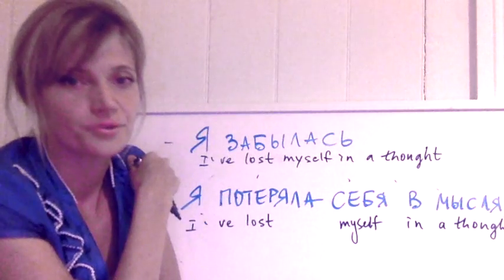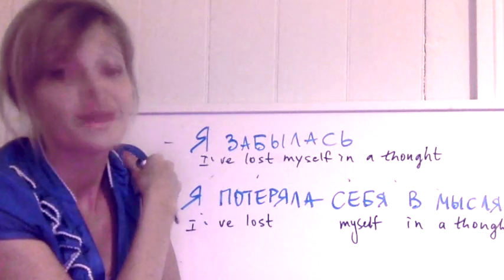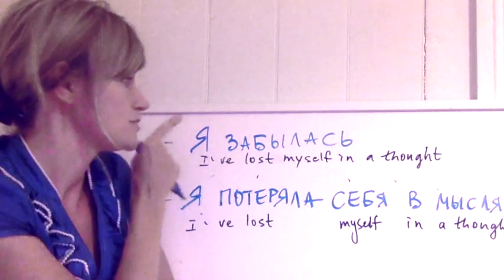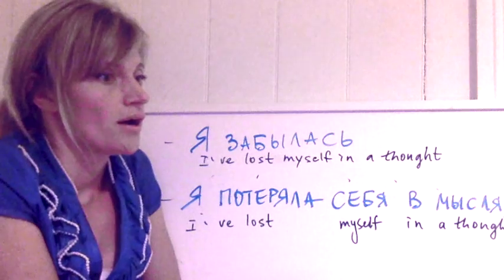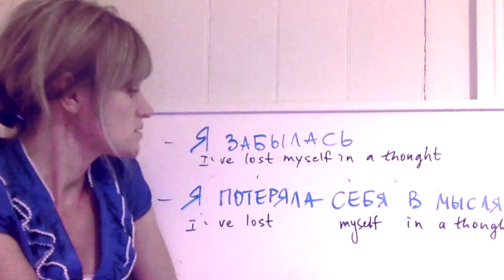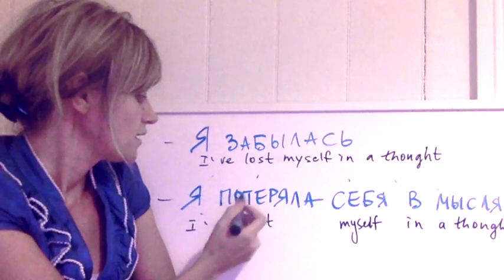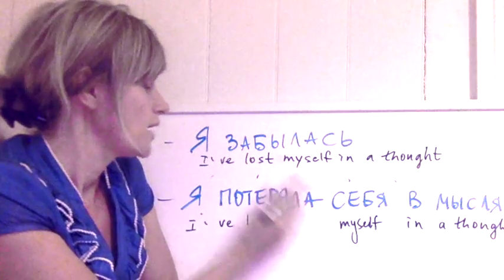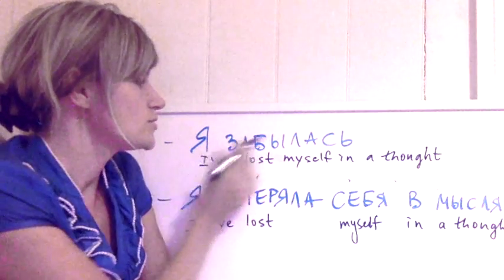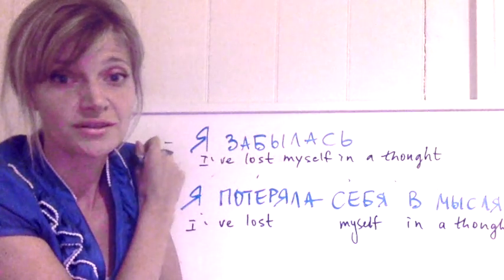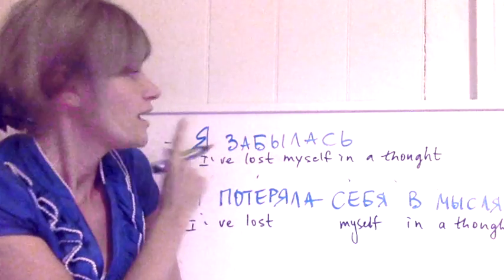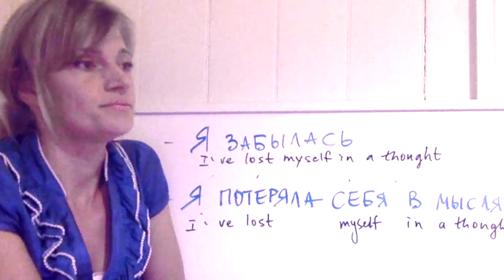Russian people prefer, like in an everyday conversation, they prefer to use the first one, especially in everyday speech. I think because here everything already clear, and here there is more space for imagination. What do you really mean? Я забылась.